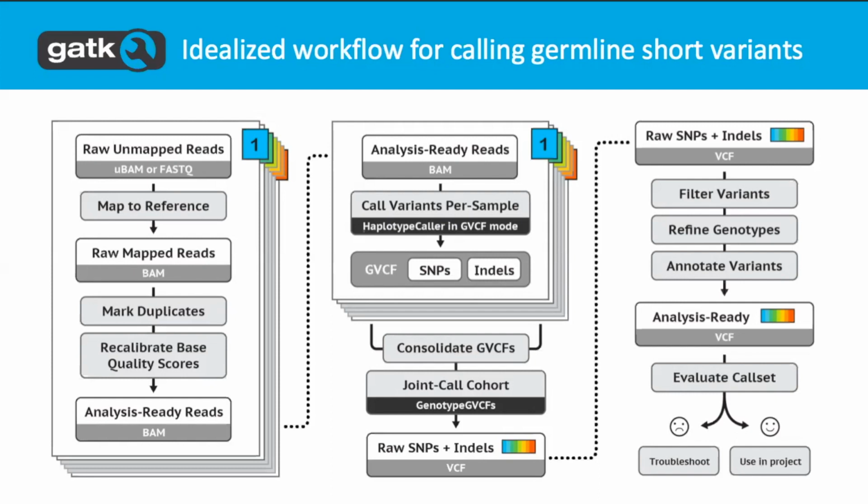The other side of the range is very small amounts of data. When you have a single whole genome, the algorithms that we have traditionally used for filtering don't work as well. That's why we look to other types of machine learning, including deep learning.